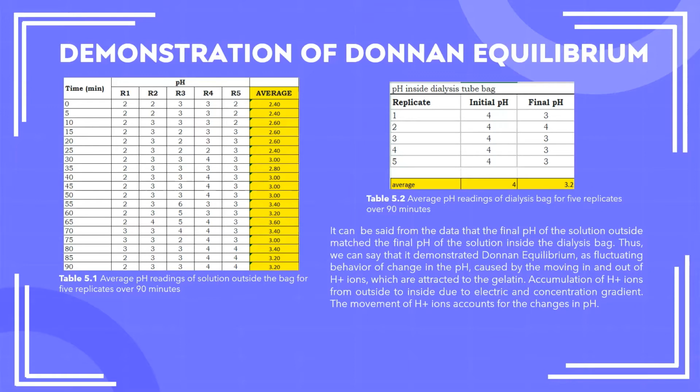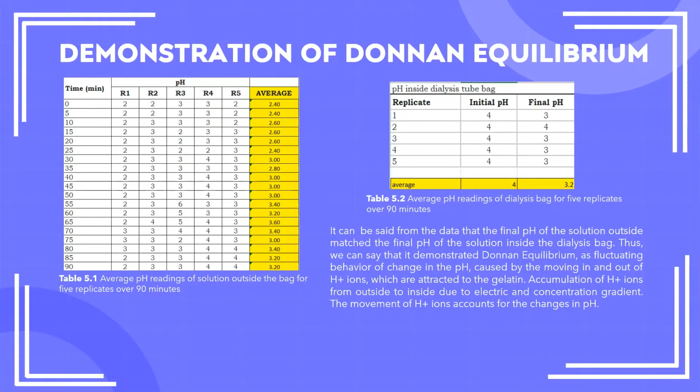We can observe that there is an equilibrium happening at the 90th minute, wherein the final pH of both the solution inside the dialysis bag and the solution outside the bag has an equal pH of 3.2.